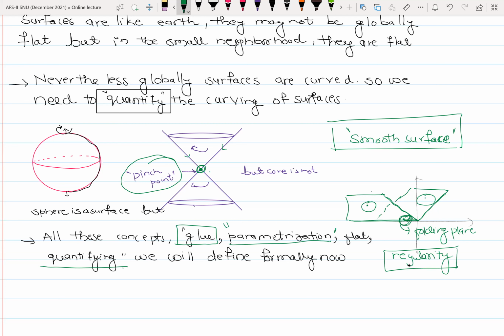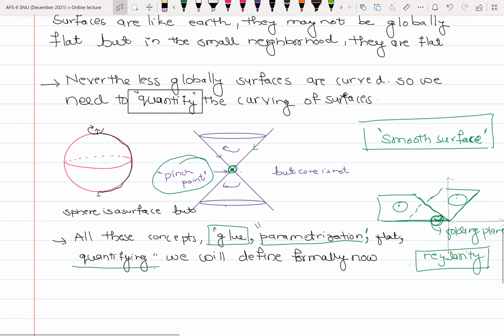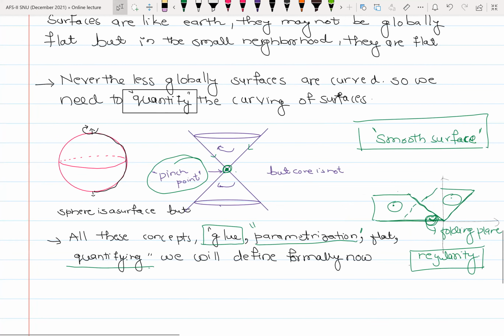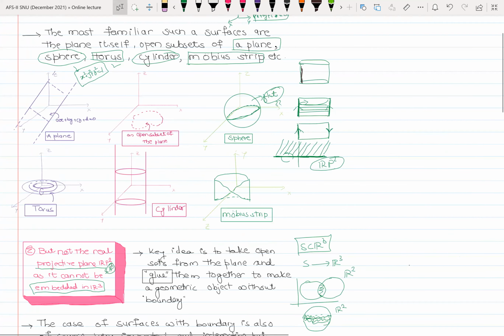Is this fine so far? Are we good? This is just a motivation part, so even if you're not familiar with some concept, I'm okay. But is this motivation enough for you? Yes, ma'am.